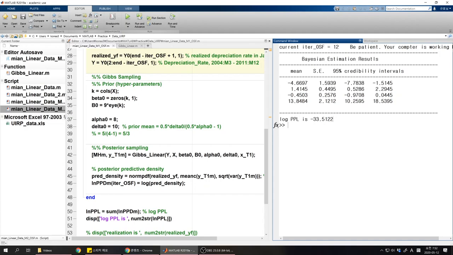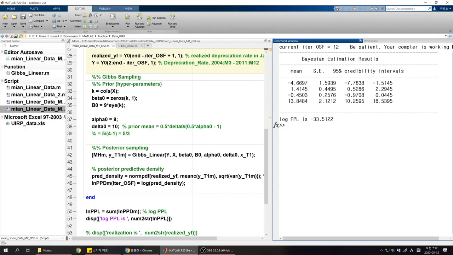Please note that these numbers can be different from yours, right? As long as this number is the same, then there's no problem, because there must be some numerical approximation errors.